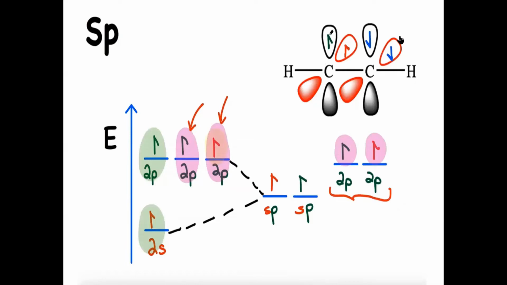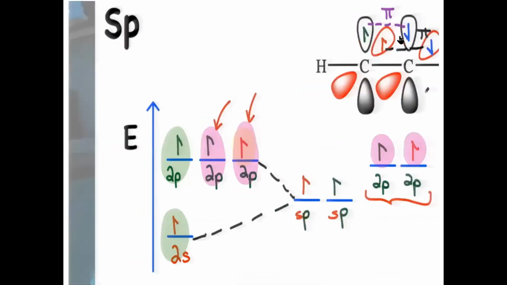Then the green electron and the blue electron will form the first pi bond, and then they will form this second pi bond. So this is how a triple bond is formed in sp hybridization.